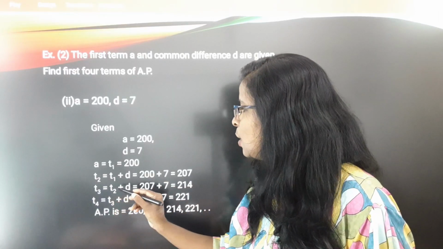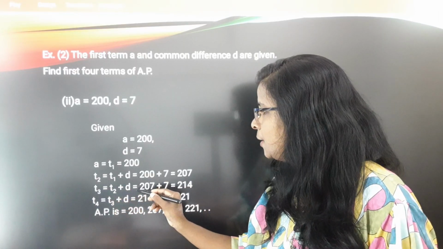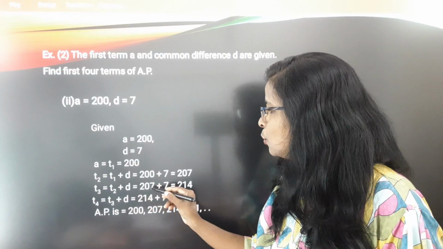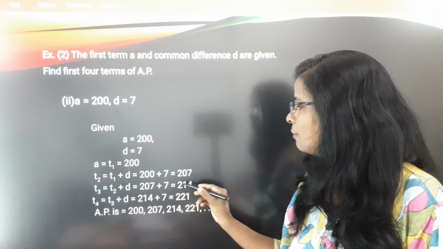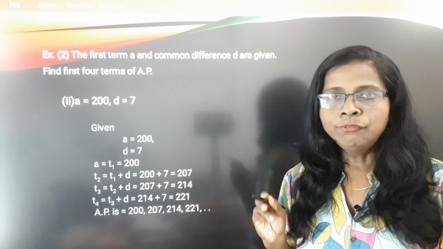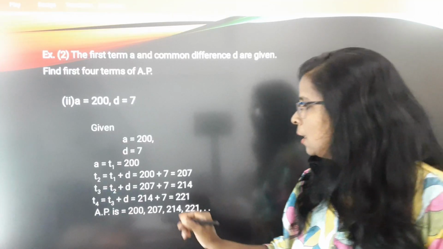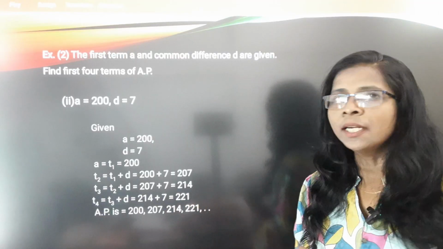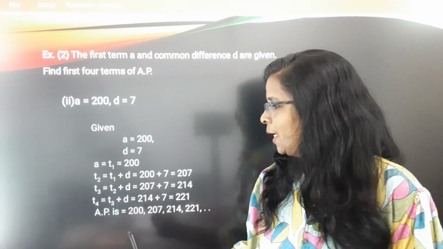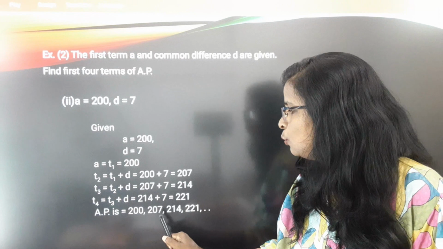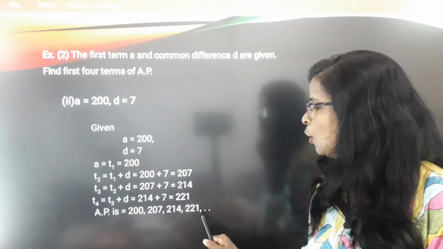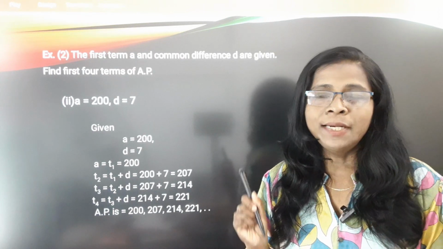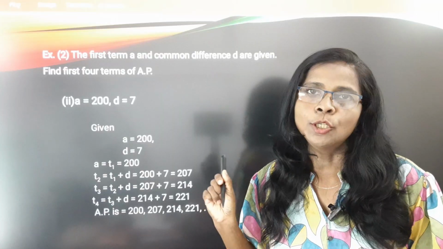T3 is equal to T2 plus D, which is equal to 207 plus 7 is equal to 214. T4 is equal to T3 plus D, which is equal to 214 plus 7 is equal to 221. So the AP is 200, 207, 214, 221, and so on.